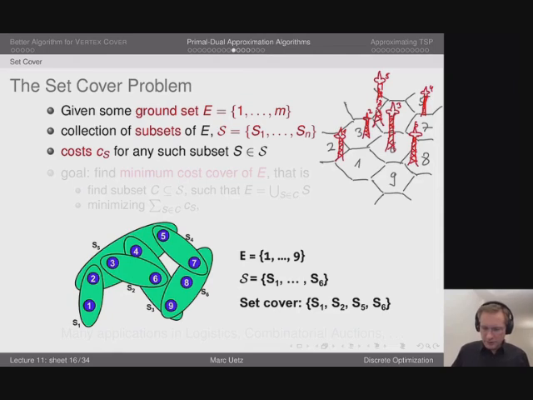So you would have, for example, this large antenna number 5 here that you could build at a certain cost, right? And this large antenna number 5 would be actually covering these cells from the grid. So 2, 3, 4, and 5. And that is exactly this subset S5 that would correspond to the antenna that you are allowed to install or build in order to establish connectivities in these grid cells.